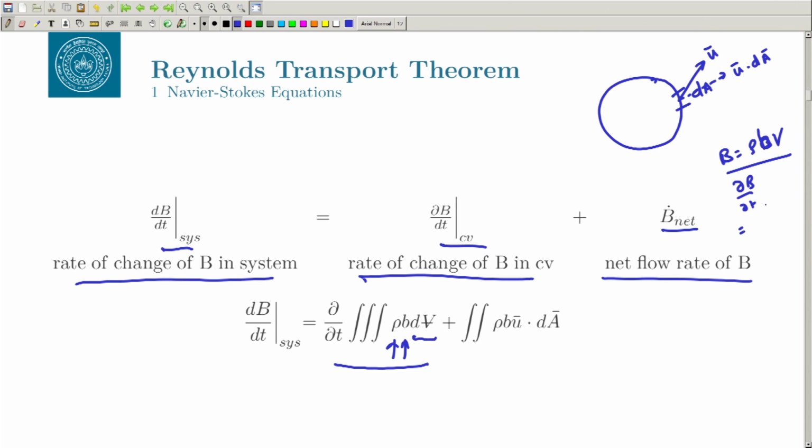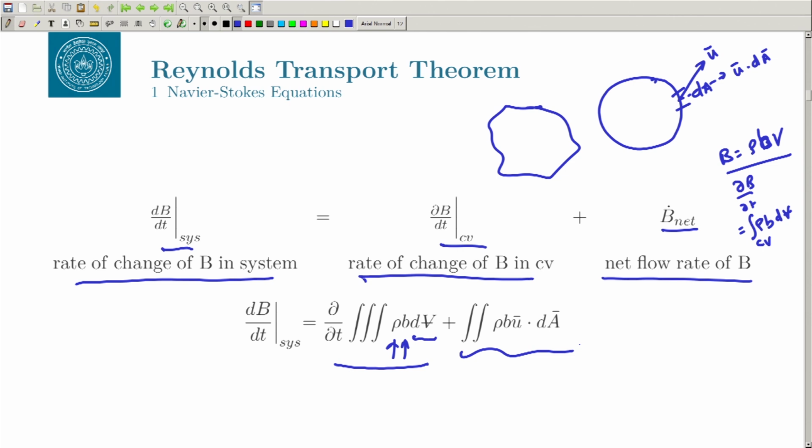Because we are integrating it over the surface, and the surface can be of any form, like this or any other form, that will be rho b dV, where V is the volume, for the entire control volume. And then you will have the flow rate.